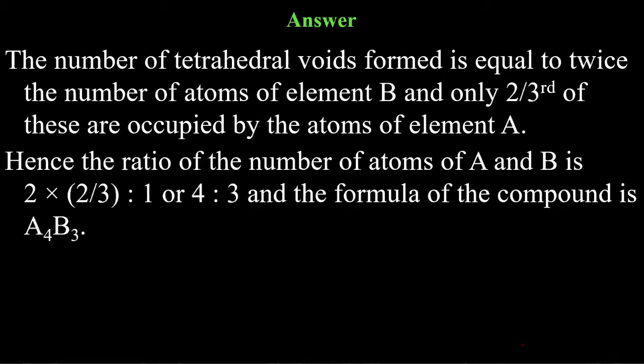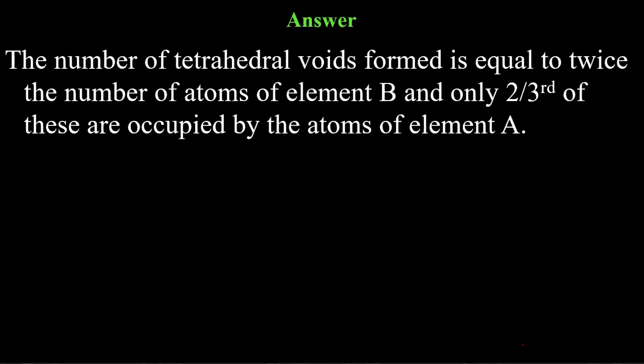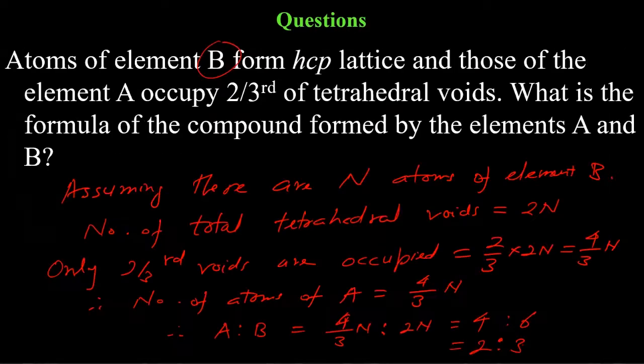So if it is 2 is to 3, just let me check. Some calculation mistake. 2 by 3 of total tetrahedral voids, 4 by 3 n.